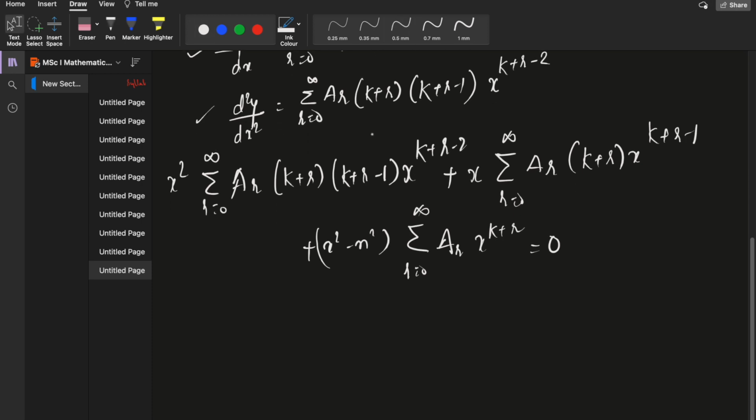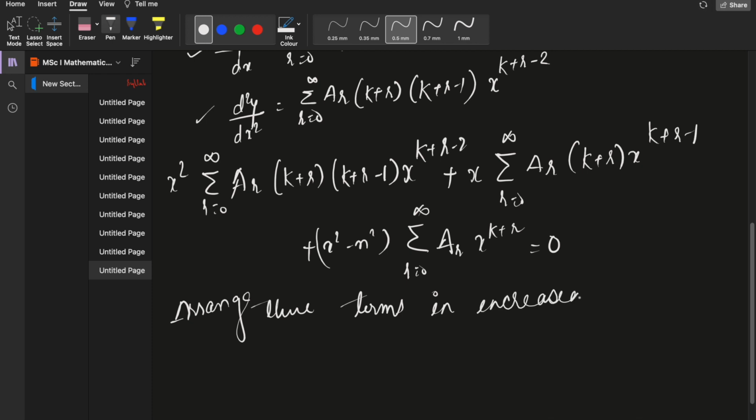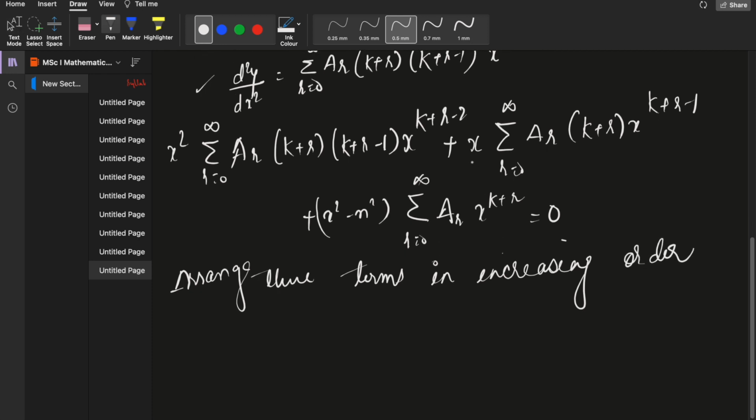We have assumed our solution in increasing order, so now we have to arrange all these terms in increasing order. If I multiply x square with this x, this will give me x to the power k plus r.